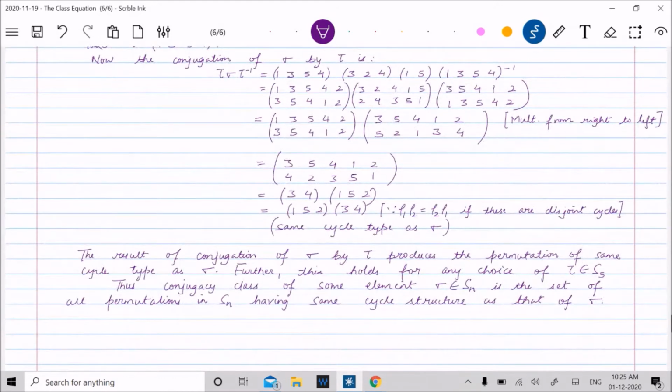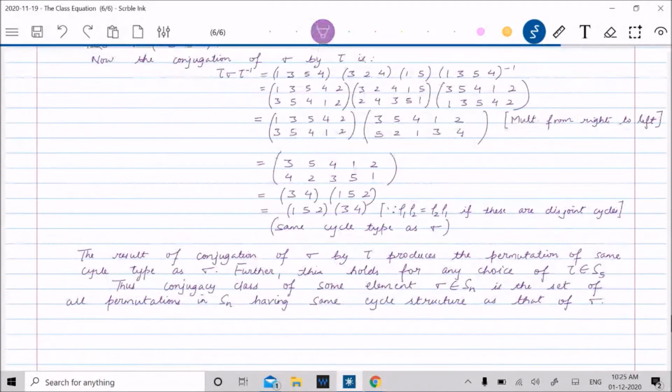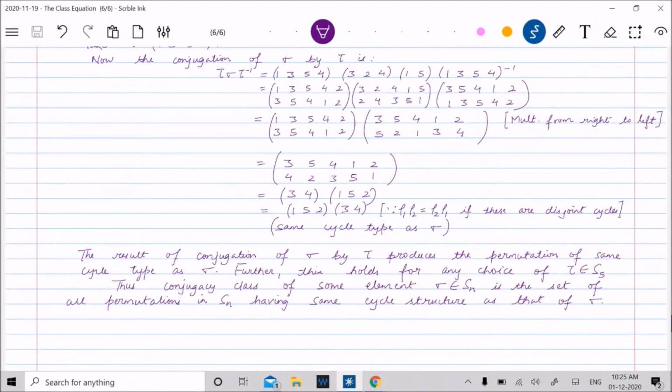Whatever tau you choose to conjugate sigma, the result will always have the same cycle structure as that of sigma. So that's why we can write that the conjugacy class is denoted by C, and this is called the conjugacy class of sigma. We use this letter, and that is the set of the elements of the form tau sigma tau inverse such that tau belongs to what?